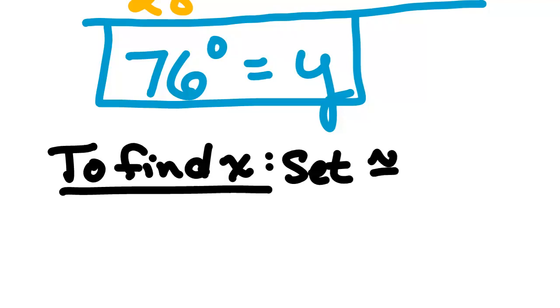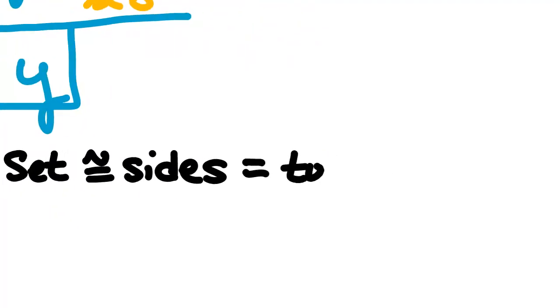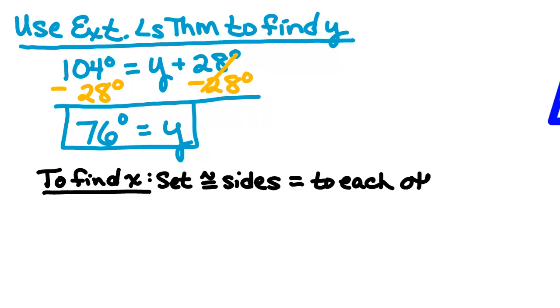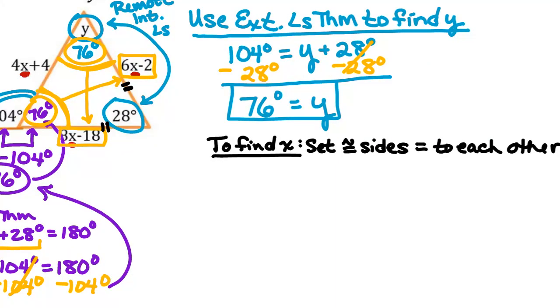we're going to set the congruent sides equal. So what am I setting equal? 6x minus 2 is equal to what? 8x minus 18.